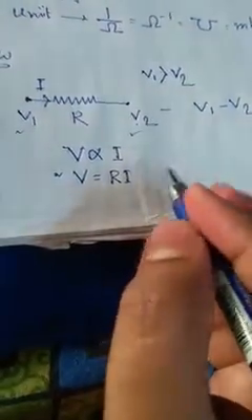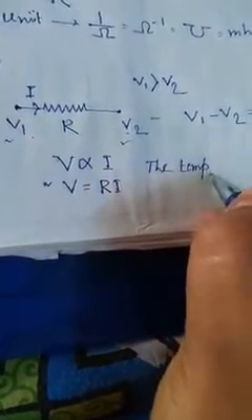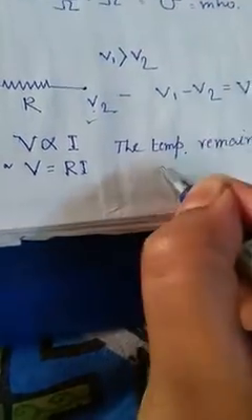So this R is the resistance of the conductor, but there is a condition. What is the condition? The temperature remains unchanged.